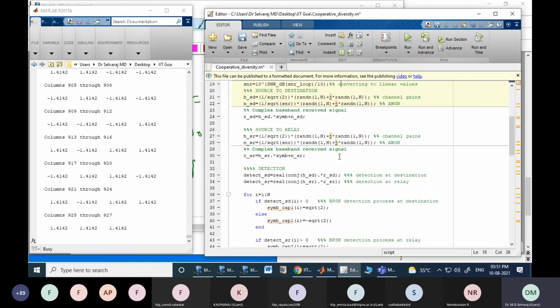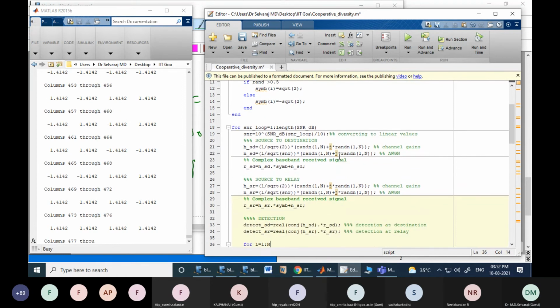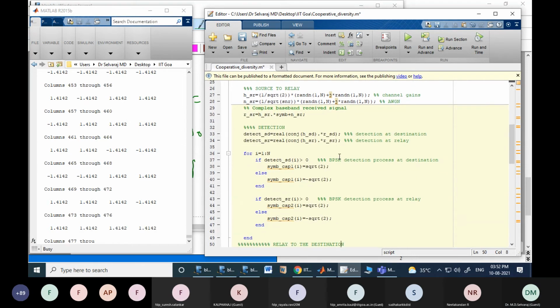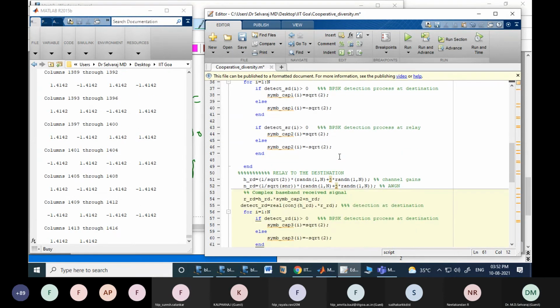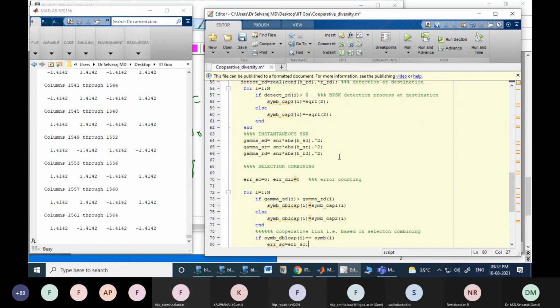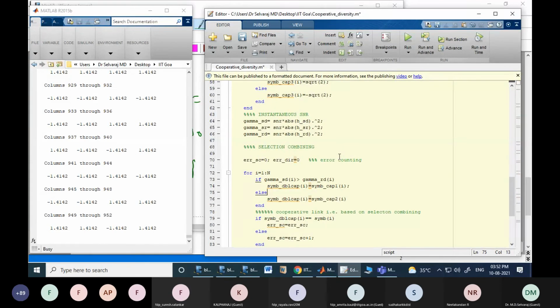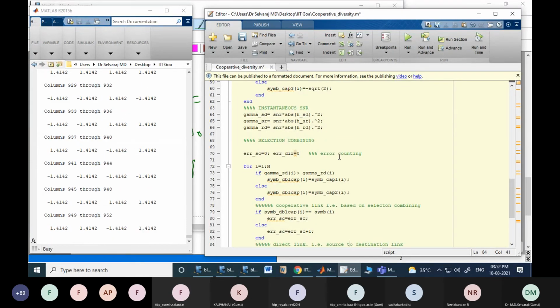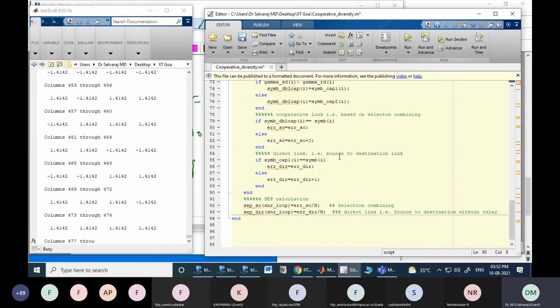Let me check the code quickly and close wherever required. Okay, fine. So let it run.